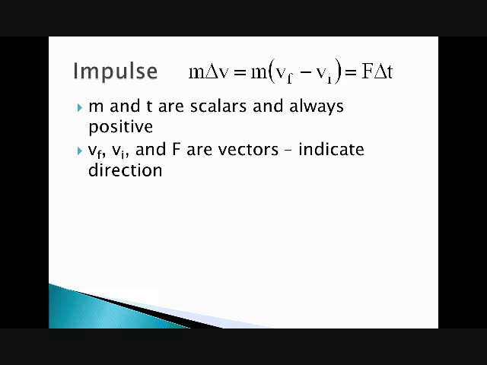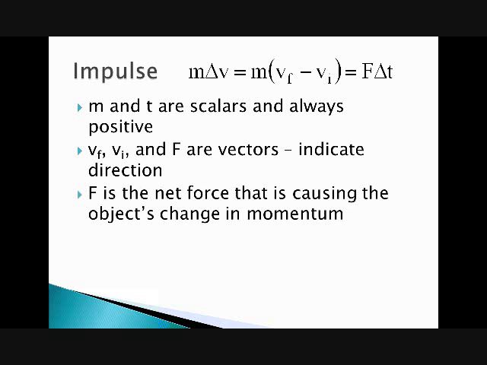Now, in my class, I just look at positive and negative direction. We don't get into direction in the x and y for these calculations, although you certainly could. Force is the net force that's causing the object's change in momentum. If you have several forces acting upon an object, you have to look at the overall net force in order to properly calculate the change in momentum.